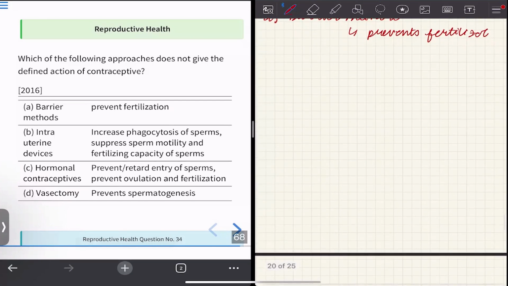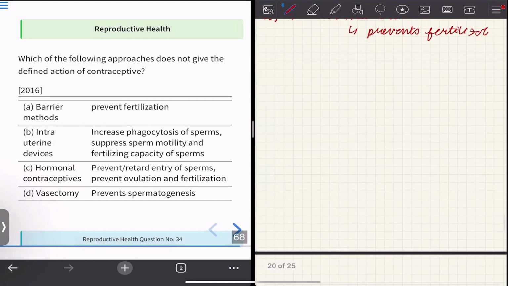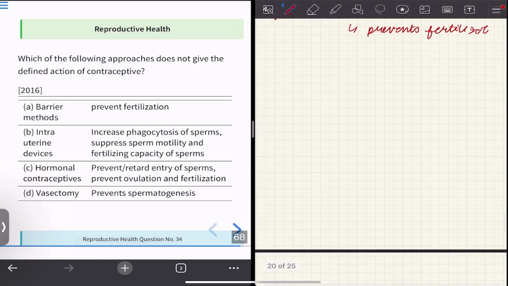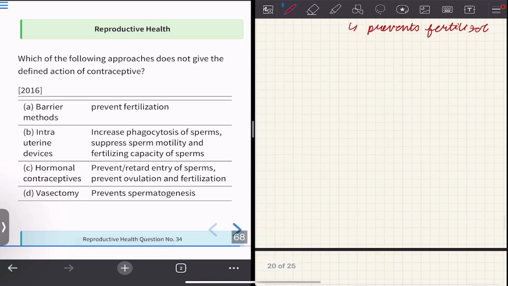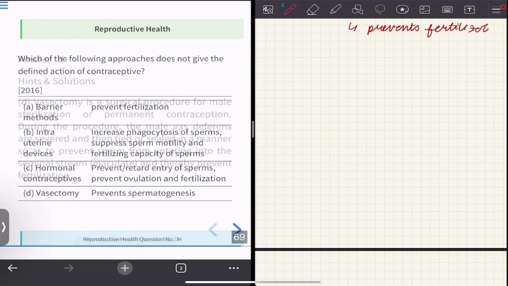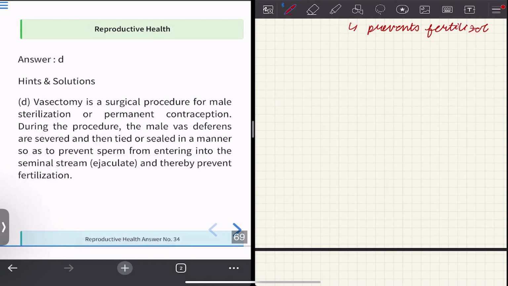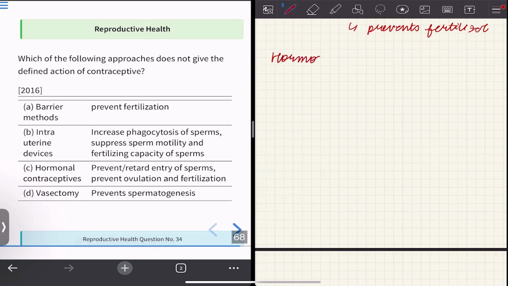Okay. Next, we have hormonal contraceptives. What is the function of hormonal contraceptives? They prevent or retard the entry of sperm. How do they retard the entry of sperm? They make the cervical mucus thick.